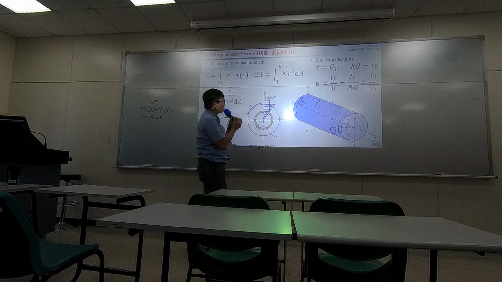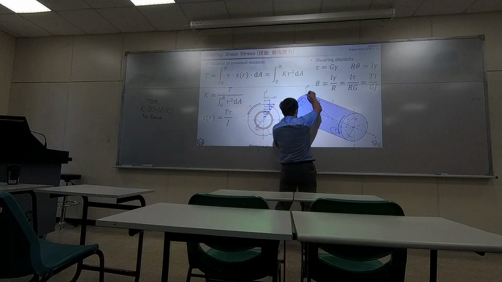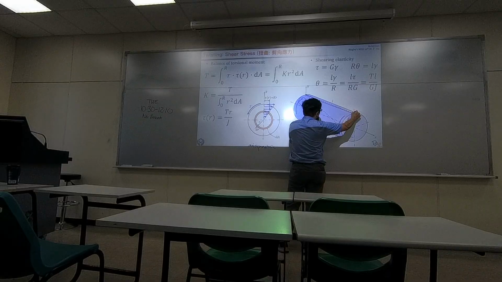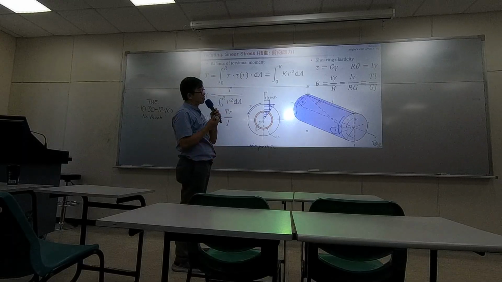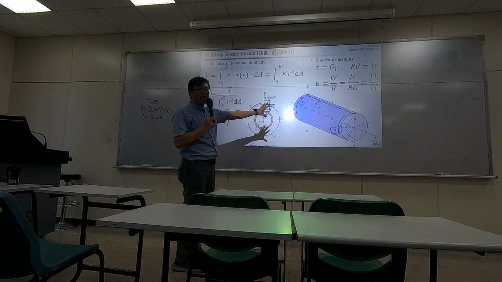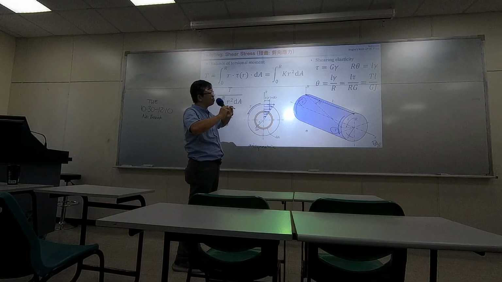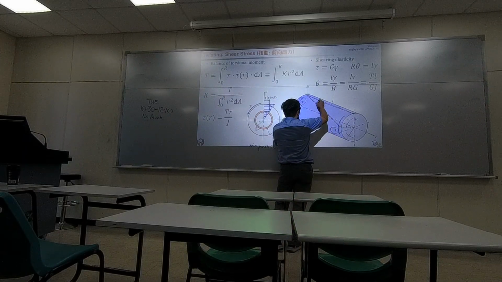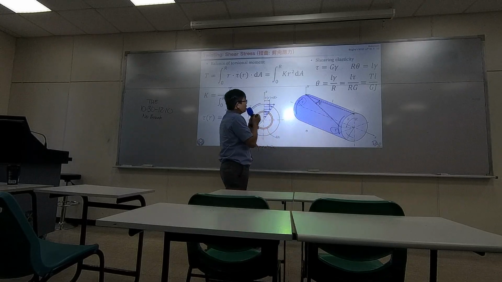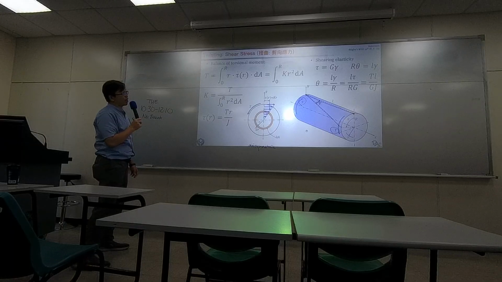So imagine you have a point right here that is fixed, and you draw a dashed line from here to the other edge, and this line is drawn along the axis. After this is exaggerated, after the cylindrical object is twisted, that particular line is twisted like this, and this particular angle is basically the strain.